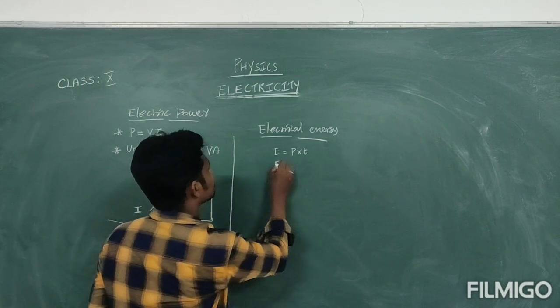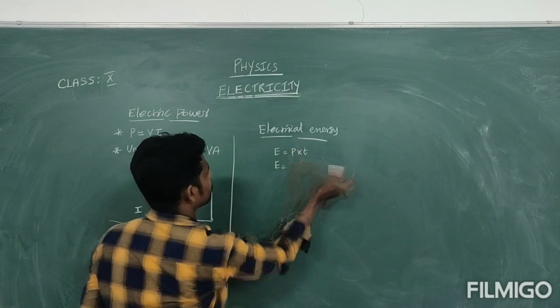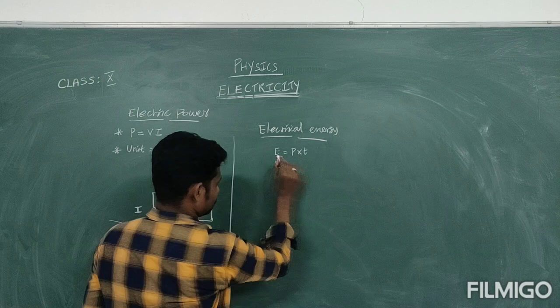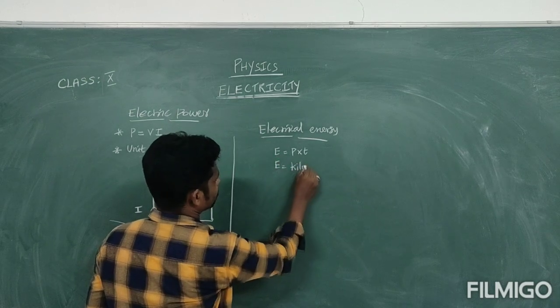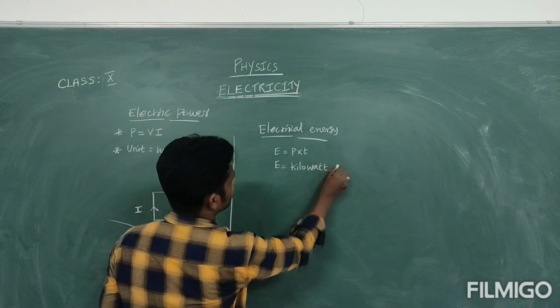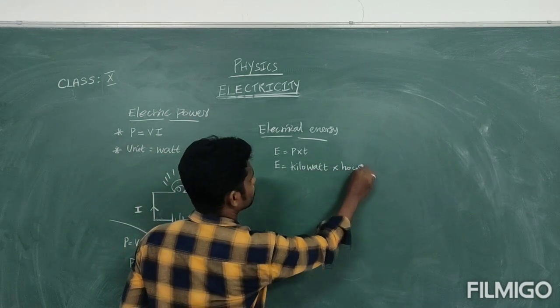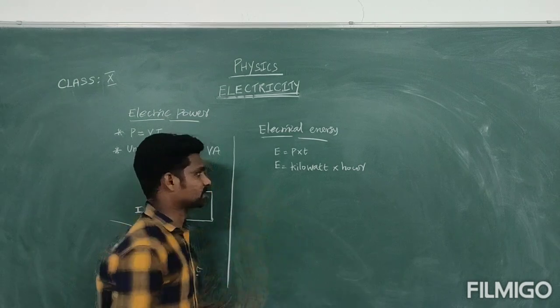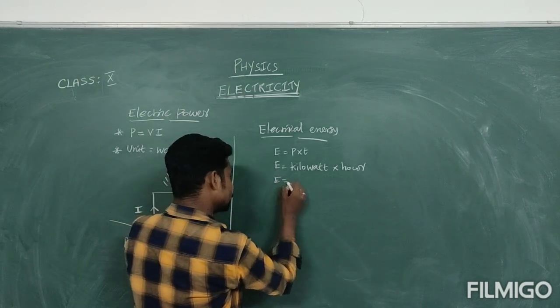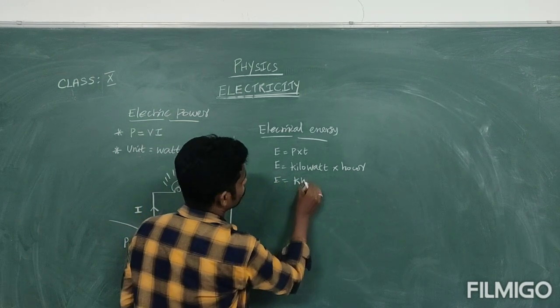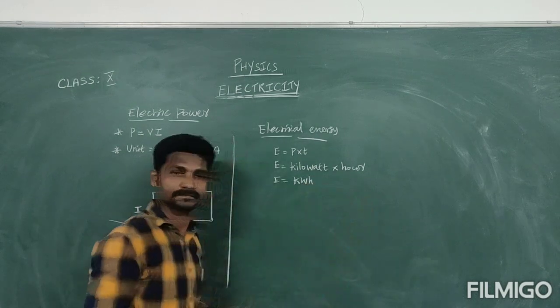For the energy unit, power is not in watt, it is in kilowatt, into the time value, not second, but hour. This is calculated for commercial purposes. So the energy unit is the kilowatt hour.